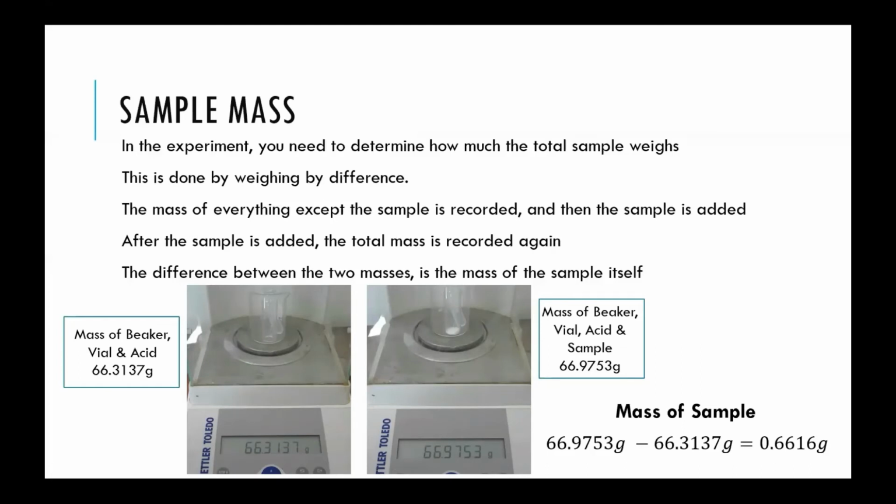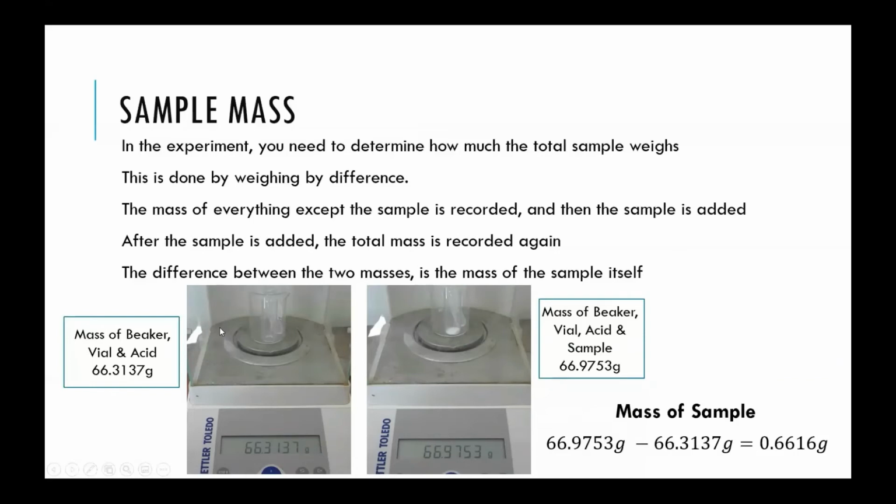In the experiment, we're measuring an empty beaker, an empty vial, and an amount of acid. This experiment has conservation of mass. Every amount is accounted for, even the mass of the liquid acid.